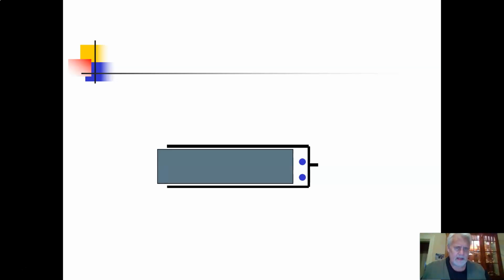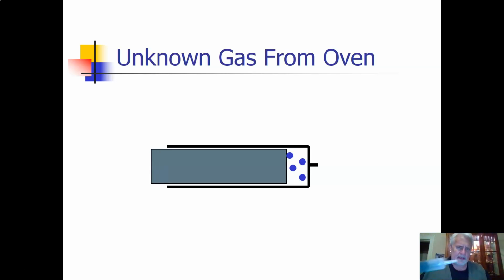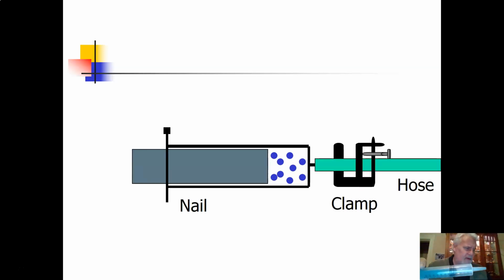So this graphic represents pulling that gas back, and that's some sort of unknown gas that's coming from our Bunsen burner. Okay, so what we're going to do, and you'll understand why this is later, is pull this all the way back, and we're going to put this hose with a clamp on it, and that's what that represents.